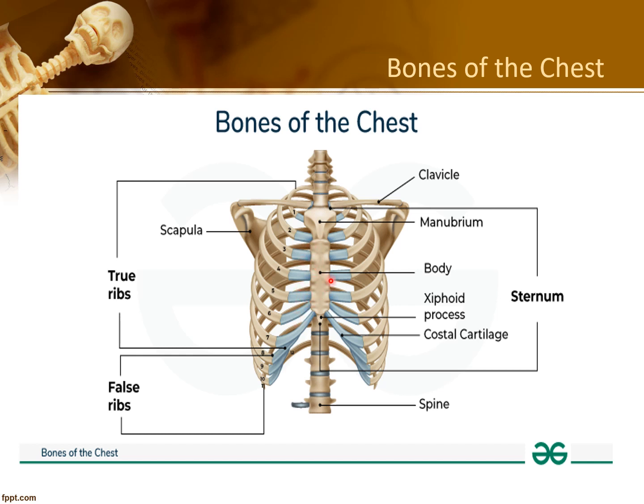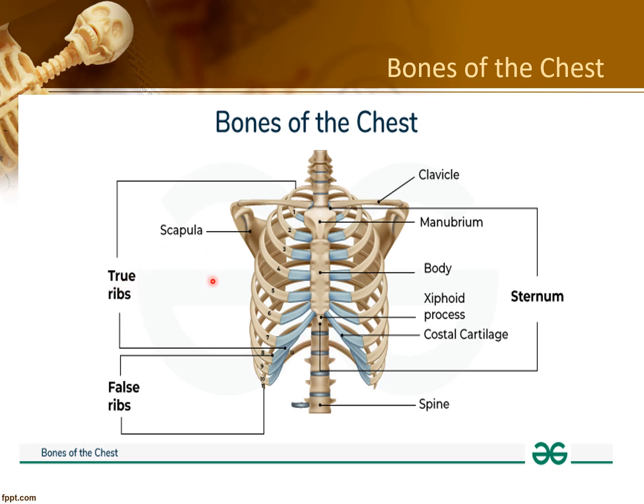The ribs are categorized into 3 types according to the attachment to the sternum: true ribs, false ribs, and floating ribs.